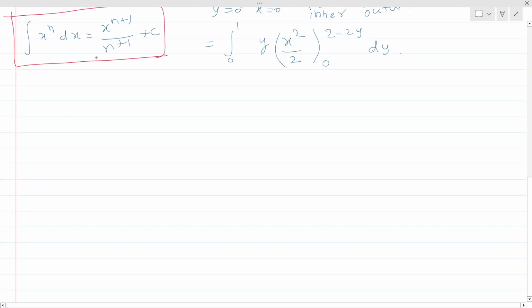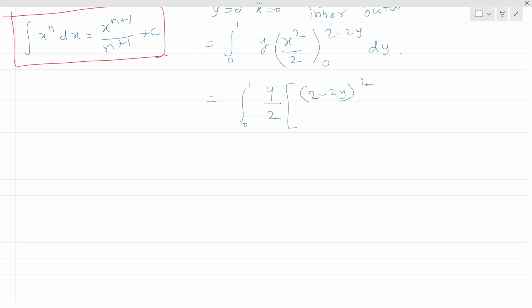In the next step, we can write the integral from 0 to 1, and then 2 is constant. Now we can write y by 2, and then substituting the limits. The upper limit is 2 minus 2y whole square, minus substituting 0 here, 0, dy. So that means it's 0 to 1, y by 2.